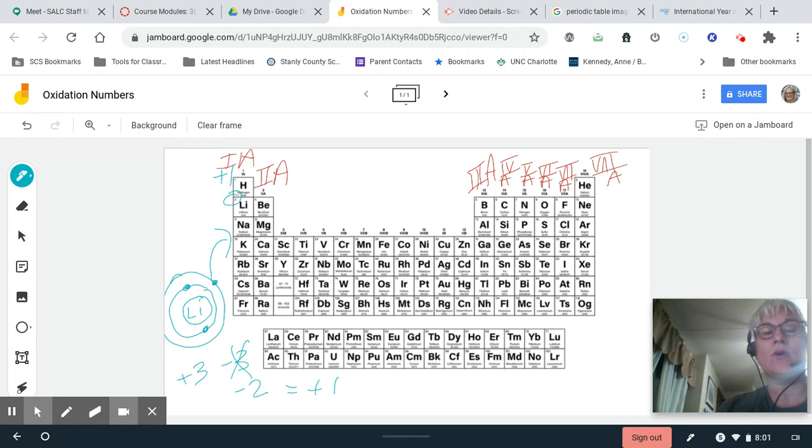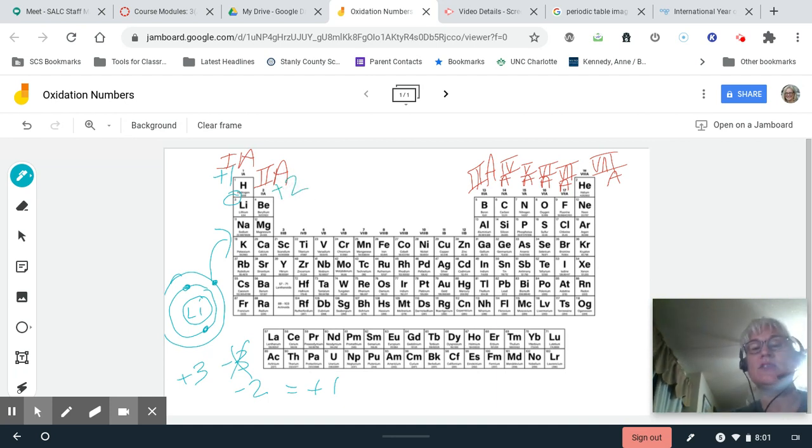So if it's a metal, it's going to be positive, and it's going to be positive the group number. The second column would be plus 2. The third column would be plus 3. We don't do a lot with the fourth column. The fourth column is a combination of metalloids and nonmetals. They can actually be positive or negative. We tend to deal more with them in the negative sense in that they share electrons.